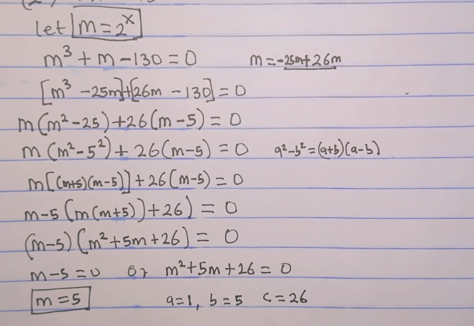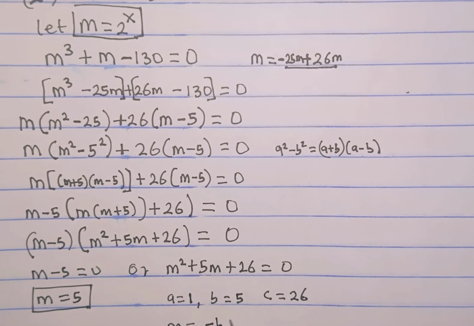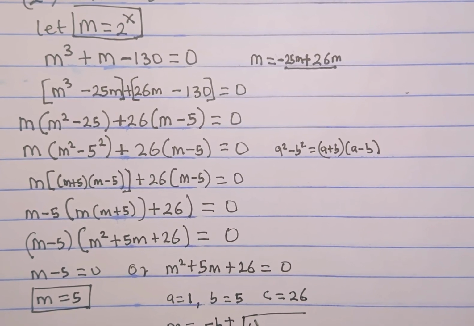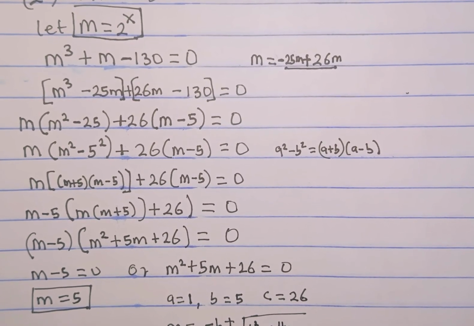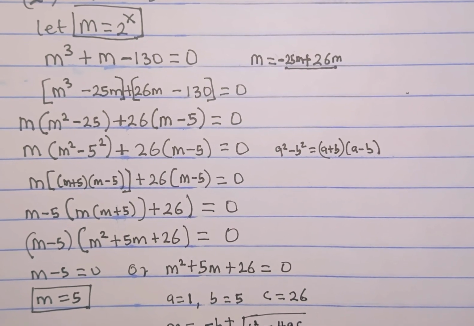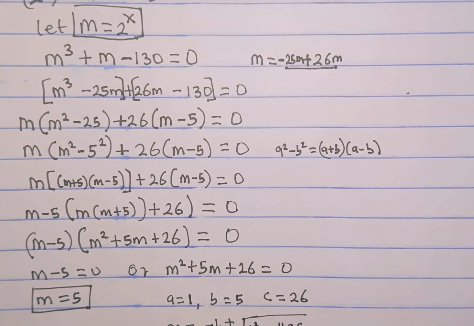So we are going to write the formula. We are looking for m, which is going to be equal to minus b plus or minus square root of b square minus 4ac, then everything all over 2a. So this is the quadratic formula we are going to use.